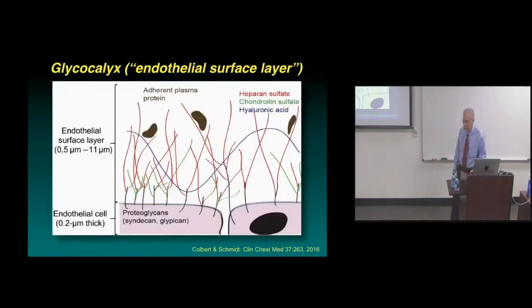This is a figure from someone. These would be endothelial cells where there can be some protein sticking out, like these syndecans and glypicans. And up in here, these long things can be these glycosaminoglycans. The examples here are heparan sulfate, chondroitin sulfate, hyaluronic acid.